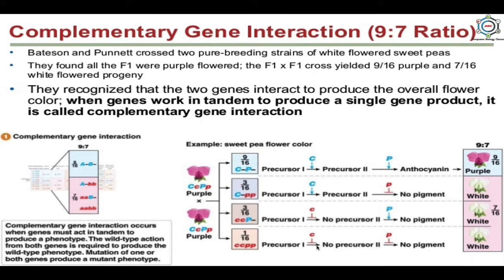And this proves that the genes capital C and capital P produce anthocyanin in two biochemical reactions, and the end product of the first reaction forms the substrate of the second reaction, which you can see in the picture, showing how the anthocyanin forms and shows the purple color.